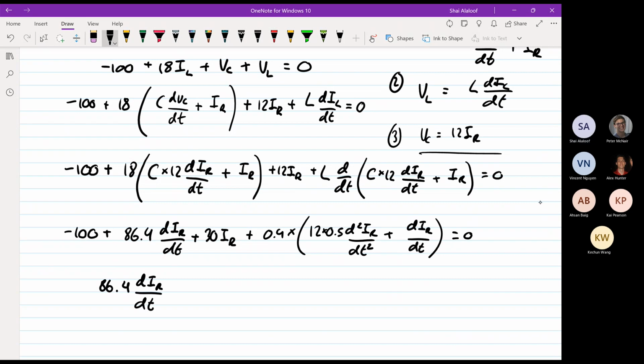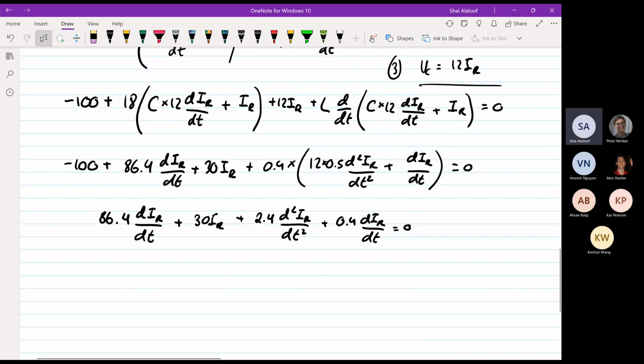Great, awesome. I'm going to move the 100 to the other side and then just go dIR on dt plus 30 IR plus, okay, we've got 0.4 times 12, 2.4 d squared IR on dt squared plus 0.4 dIR on dt equals 0. Whew, that took a lot, but it's all okay algebra.